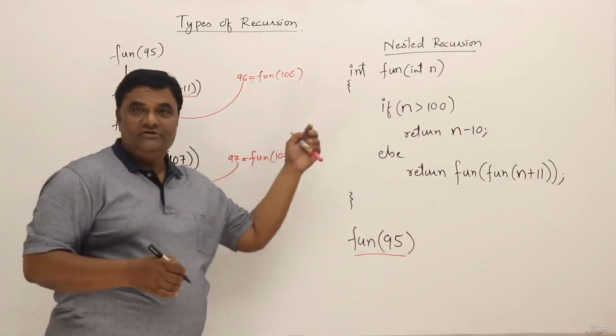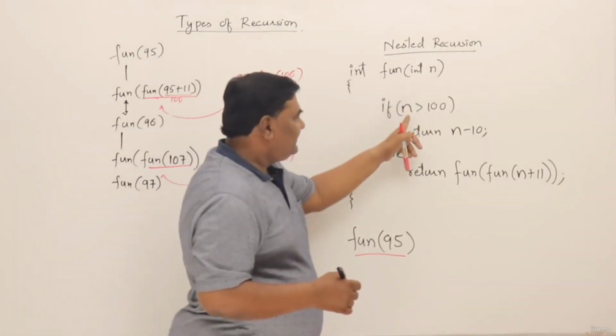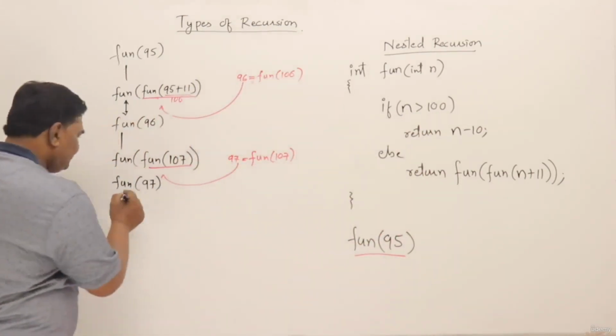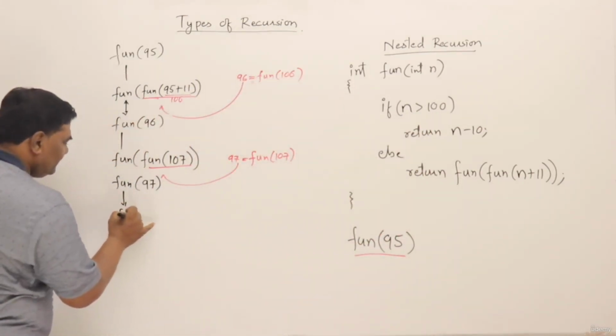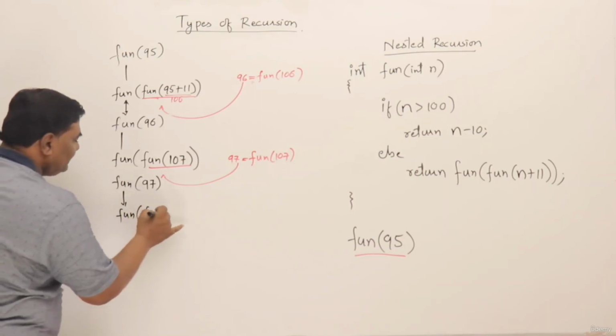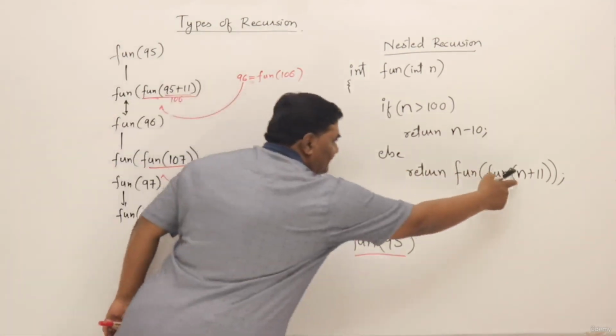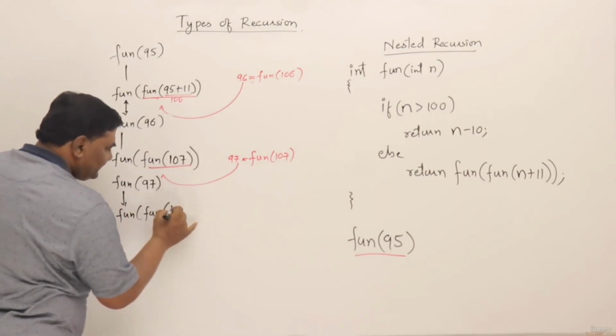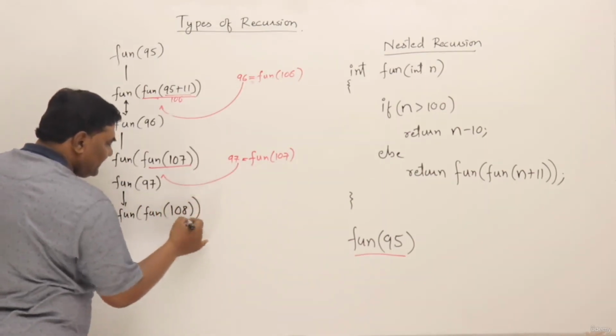Now let us solve this fun of 97. 97 is not greater than 100, so it will enter into the else part and make the function call, that is fun of n plus 11, that is 97 plus 11, so this becomes 108.